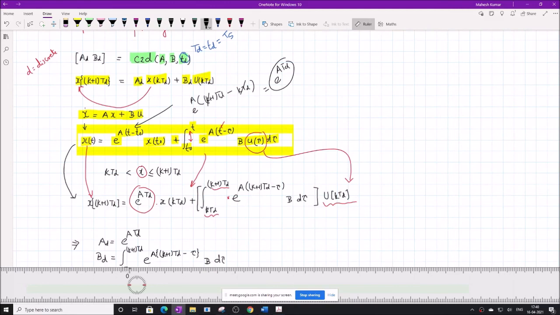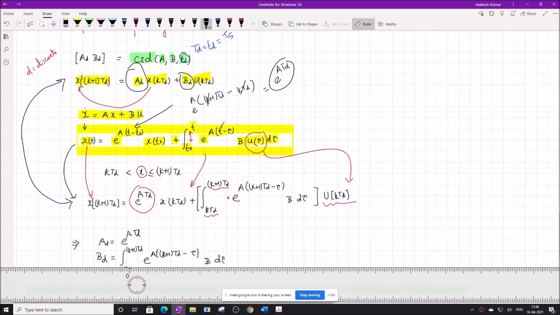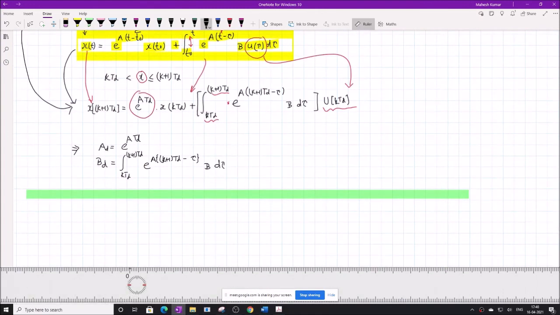And if we compare this equation with this equation, these two equations, then we can find out the meaning of AD and the meaning of BD. So what is AD? AD is therefore this one, e to the power A TD.